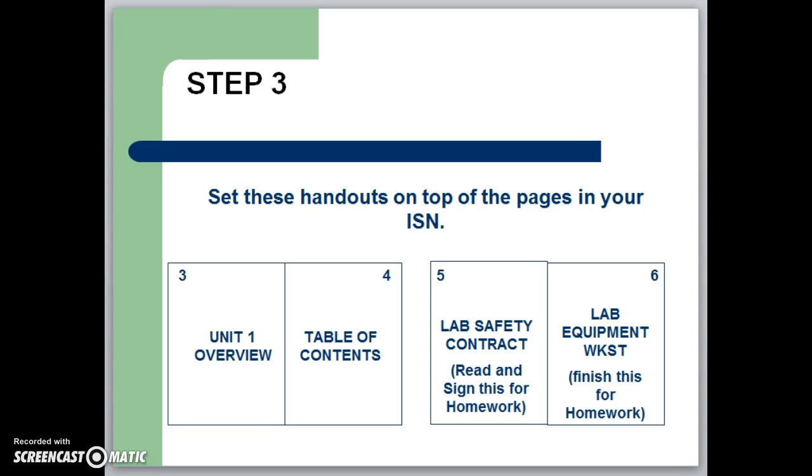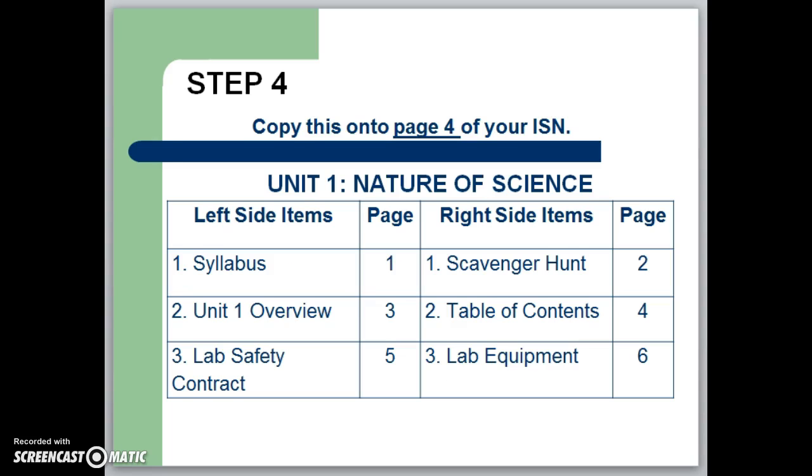And then on page 6, we will be starting a lab equipment worksheet. So as long as we get to that today, you will have that for homework. It should be quick and easy. Alright, and once you've got that information in your notebook, we will take the time here in a minute and actually secure it with glue or tape.